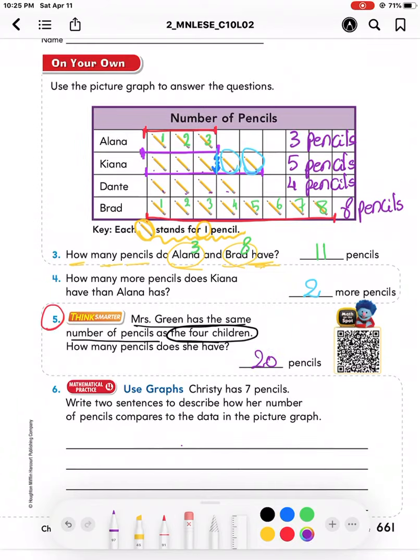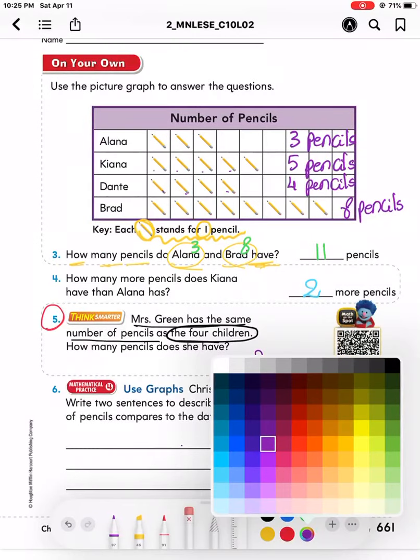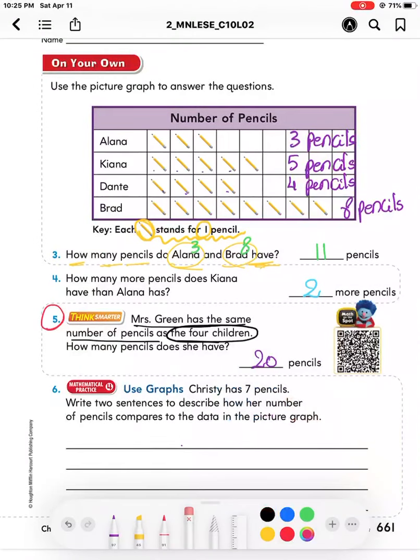Or we can do it in a very different way. We can count the pencils, since each picture for a pencil stands for 1 pencil. So let's count all of them, okay? Let's do it together. 1, 2, 3, 4, 5, 6, 7, 8, 9, 10, 11, 12, 13, 14, 15, 16, 17, 18, 19, and 20.